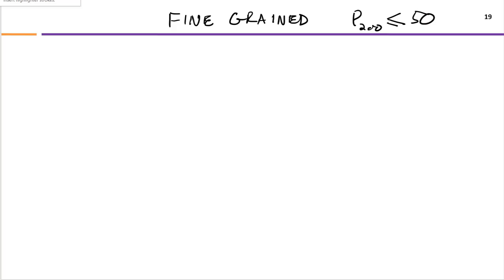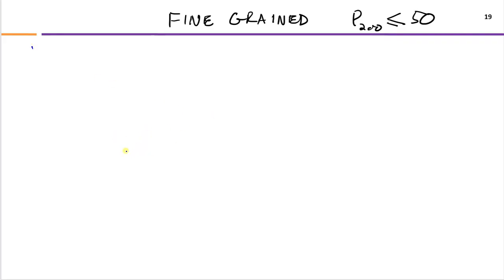Okay, so in fine grained soil, the percent passing number 200 is more than 50%. Now in case of fine grained soil, we have to look at the liquid limit, because the dividing factor is the liquid limit.